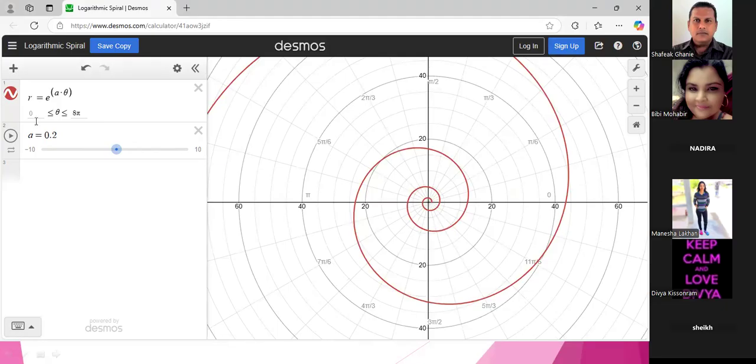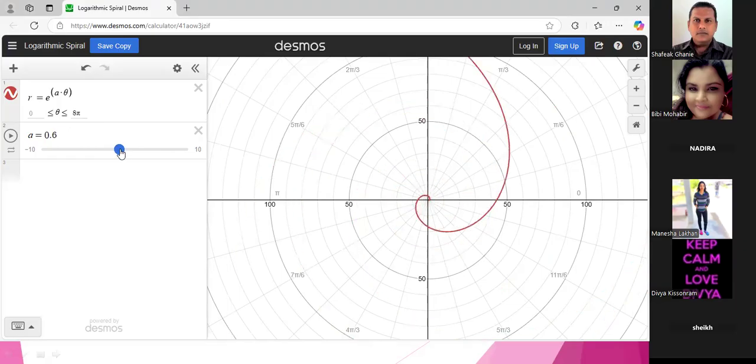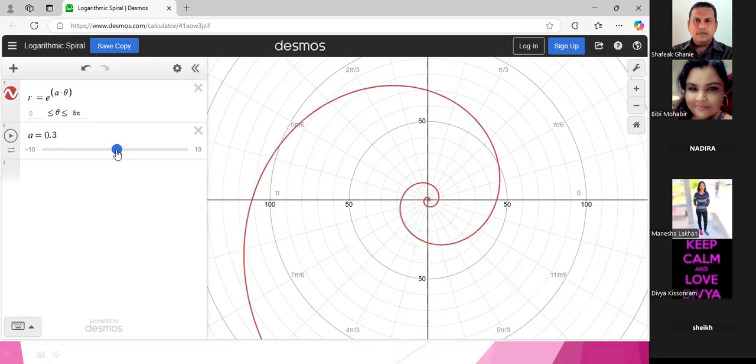So we get the range from 0 to 8 pi. Okay, you can see it a bit better there. Good. So if we're going to move a, let's move it a little. We see that this spiral keeps on getting bigger and bigger.